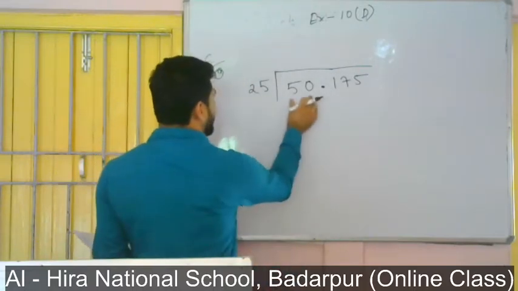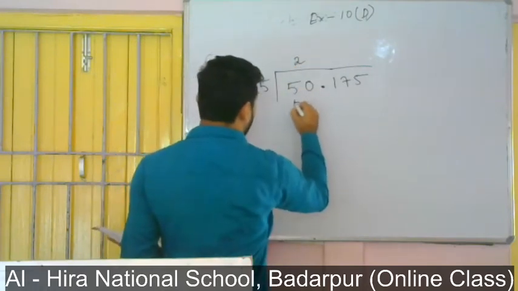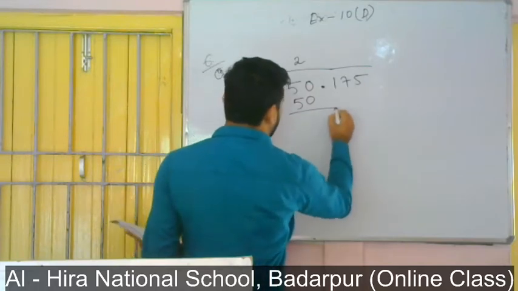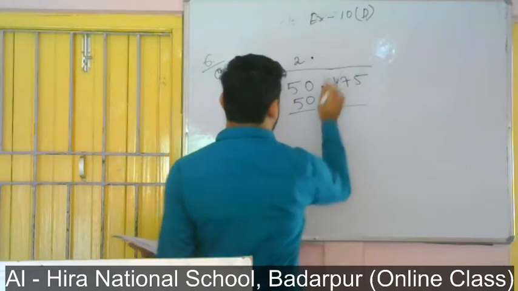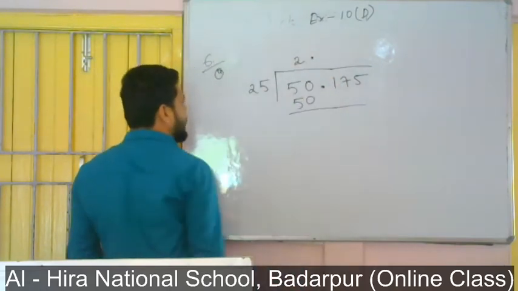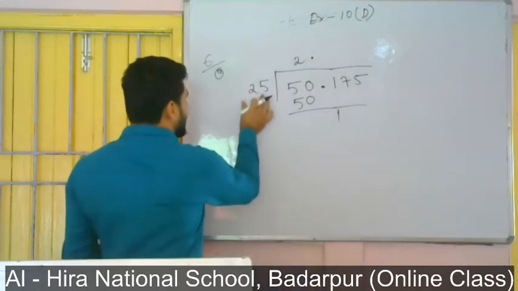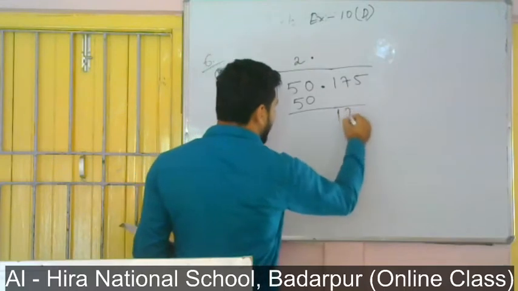So first we'll divide this one, then 25 2s are 50. Okay. After that we are getting point, so we'll put point. Now we'll take 1. Okay. So 1 is not divisible, so we'll take 7.